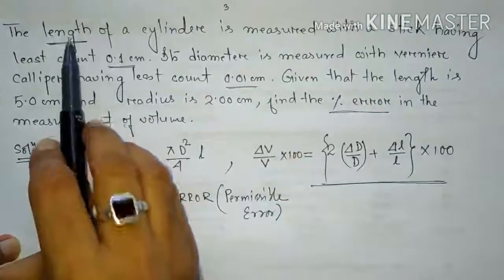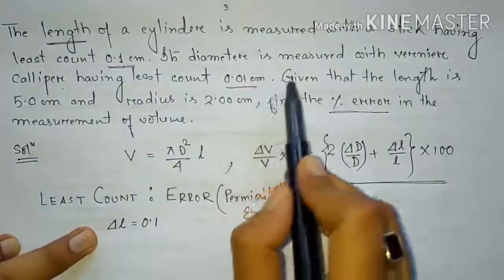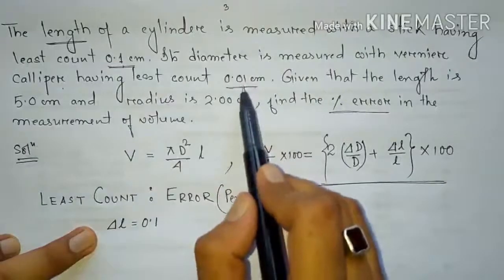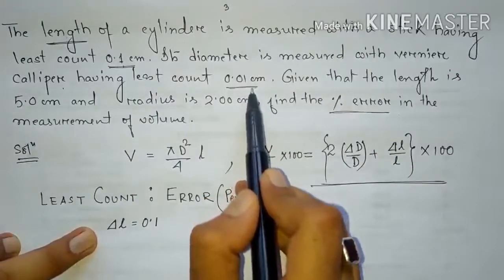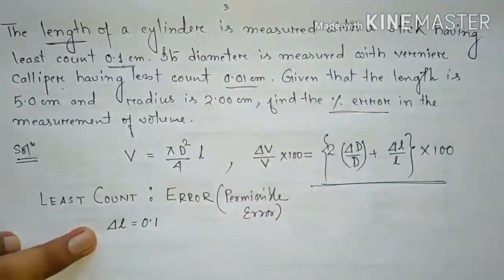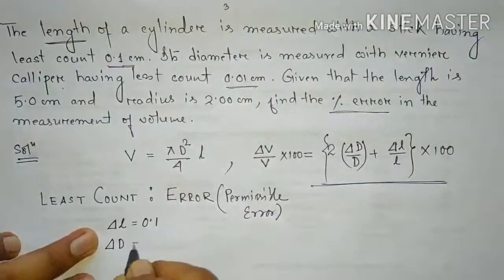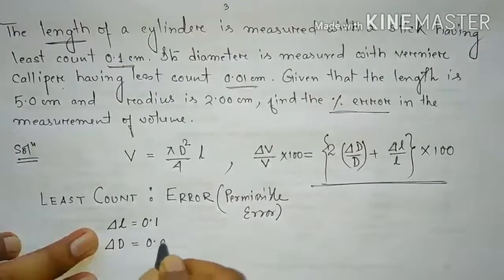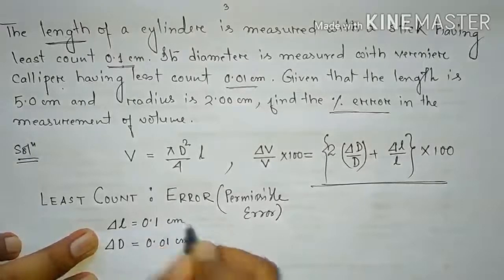When length was measured, the least count was 0.1 centimeter. And when diameter was measured, the least count was 0.01 centimeter. That means delta D will be equal to 0.01 centimeter.